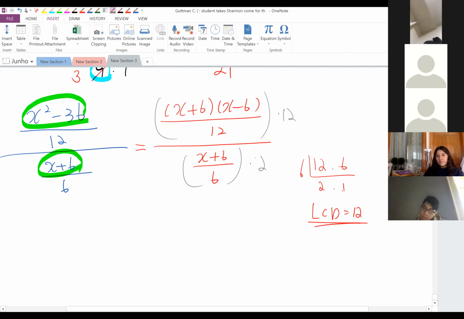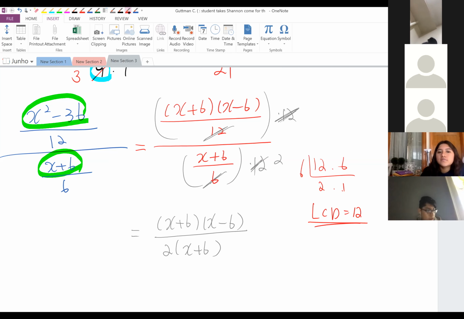Then this is gone, and this becomes 2. Therefore, this becomes (x plus 6)(x minus 6) over 2 times (x plus 6). Then we have a common factor. Heidi, what is it? x plus 6.